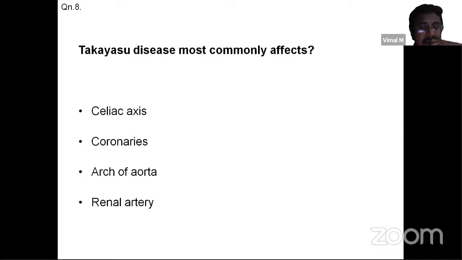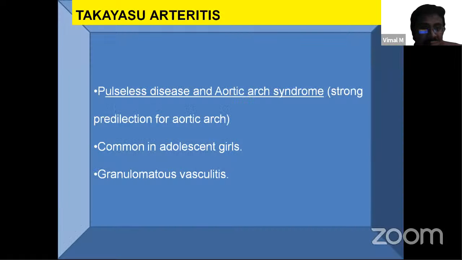Takayasu disease. The next question is: Takayasu disease most commonly affects the celiac axis, coronaries, aortic arch, or renal artery. So they are asking which arteries Takayasu disease commonly affects.